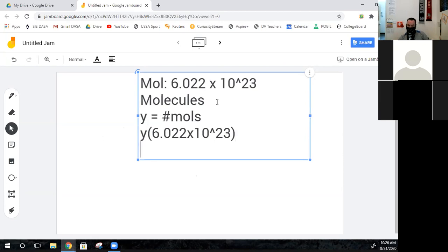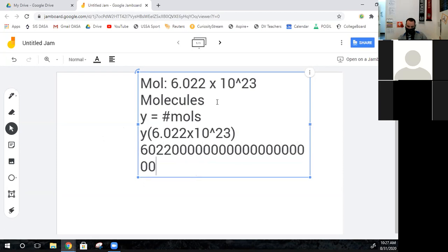So if we were to write that number out, it would look like this. That's a doozy. 602 sextillion. No, septillion. 602 septillion. 18 zeros? No. Oh, wait.